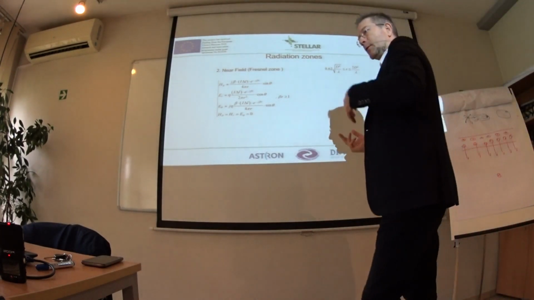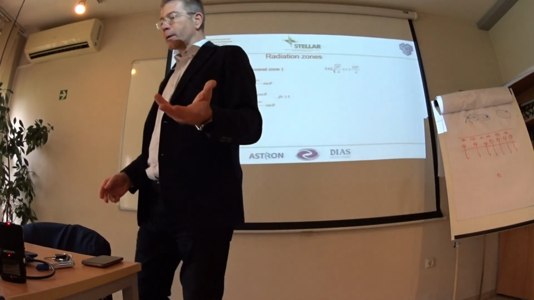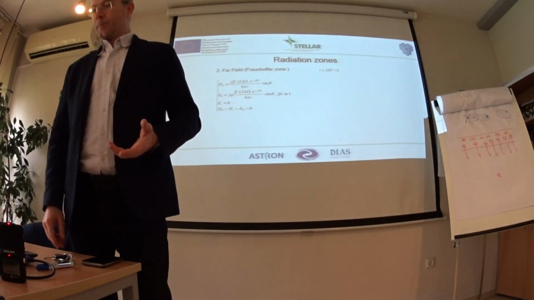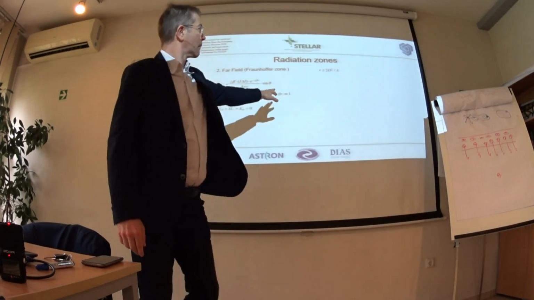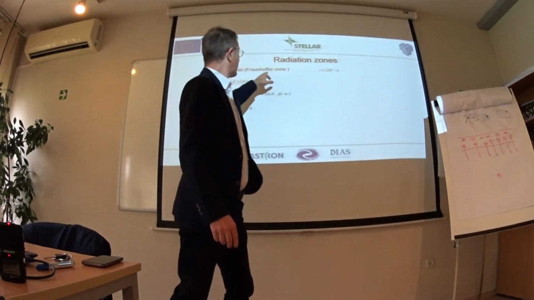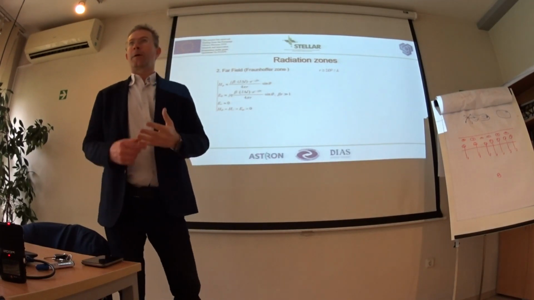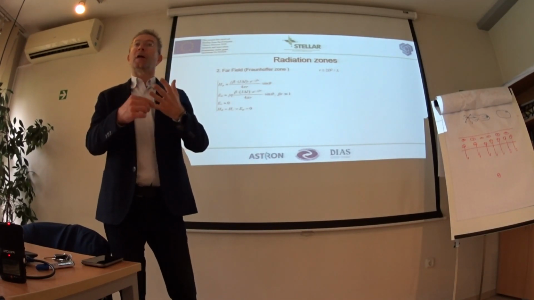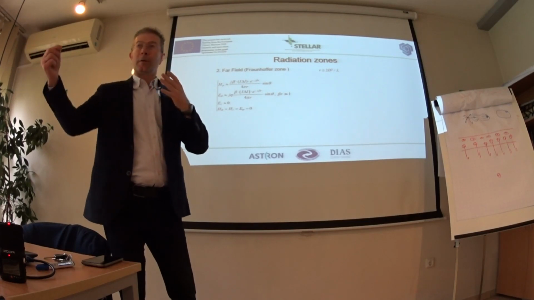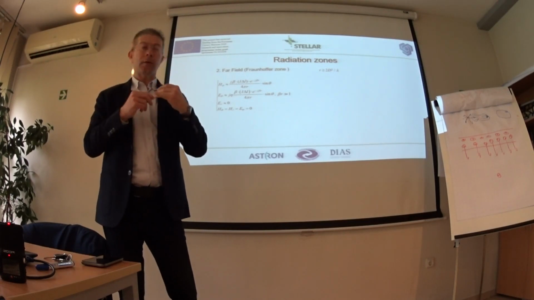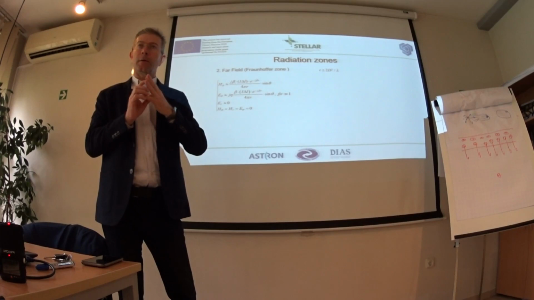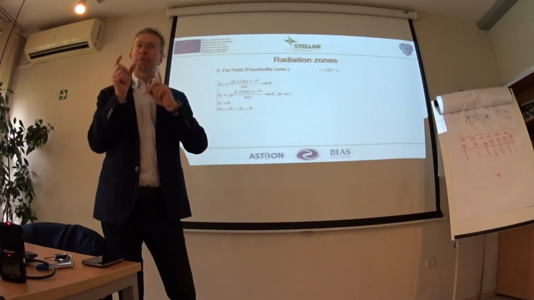And then there is the far field zone, where we work, or the Fraunhofer zone, where we have a formed pattern which doesn't change with our distance to the antenna, and there is no Z component of the field.